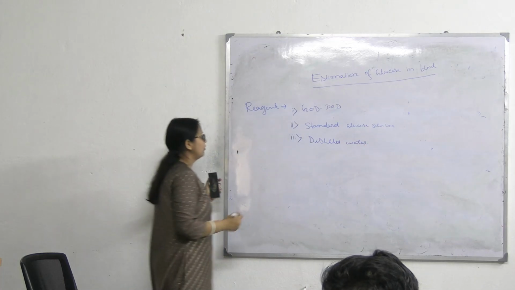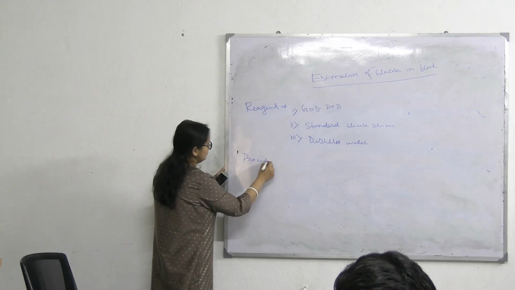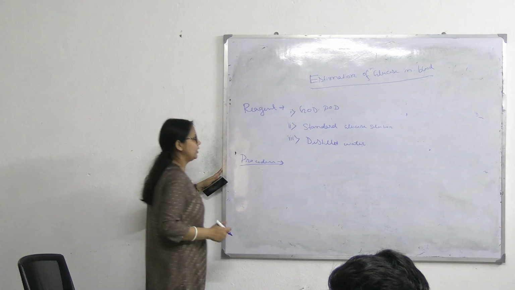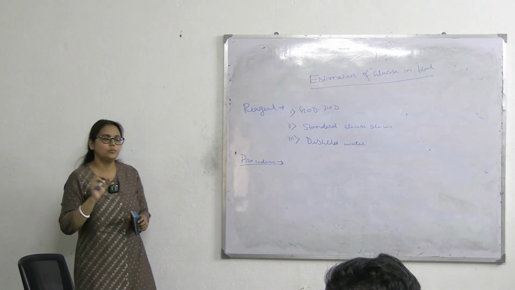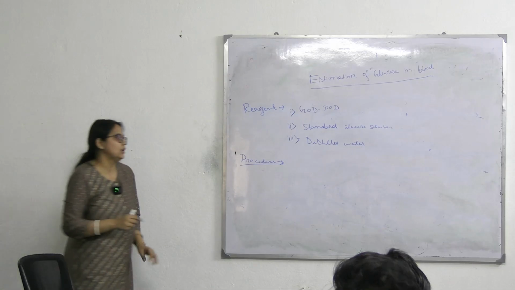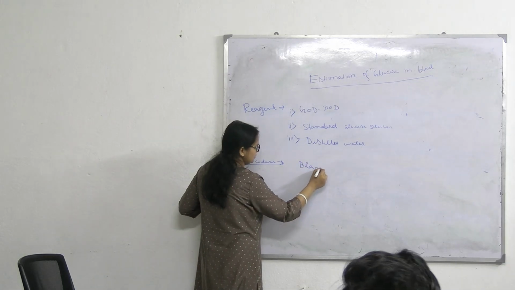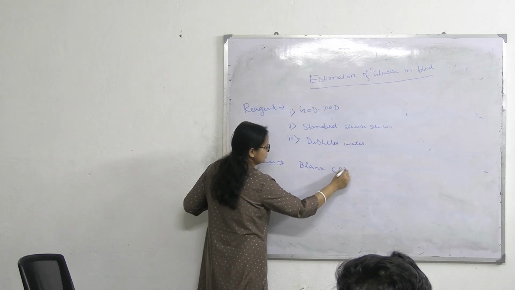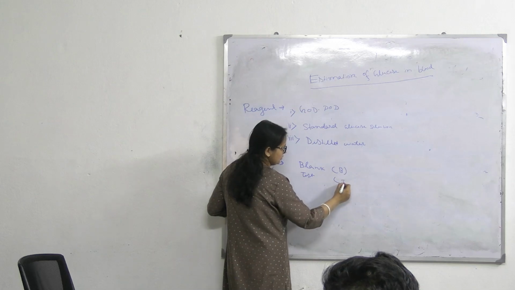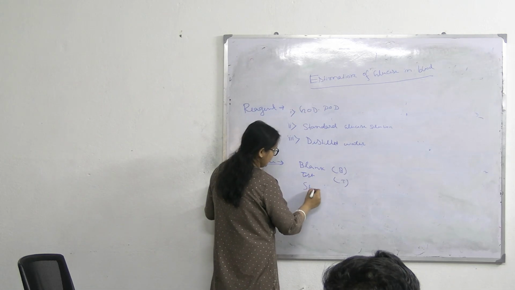Okay. Now coming to the procedure. কি করবি না, we have to take 3 test tubes. তোরা লেখ, আমি আর লিখছি না। We have to take 3 test tubes and mark as blank, test and standard.